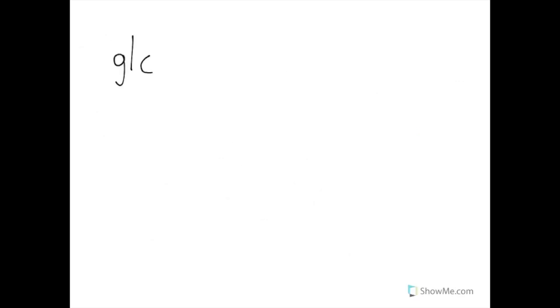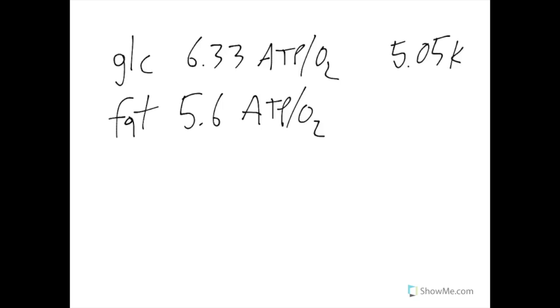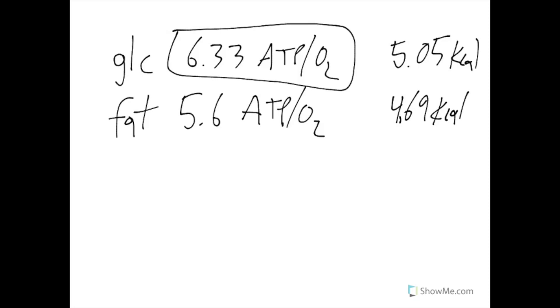So, put head to head here, we have 6.33 molecules of ATP per O2 versus our 5.6 ATP per O2. And the other version is 5.05 kilocalories of energy versus only 4.69 kilocalories of energy per molecule of O2 used. So suddenly, glucose becomes the clear winner, as it is much more efficient.